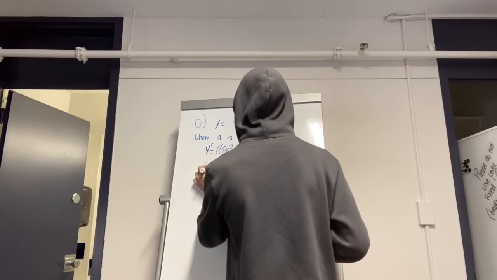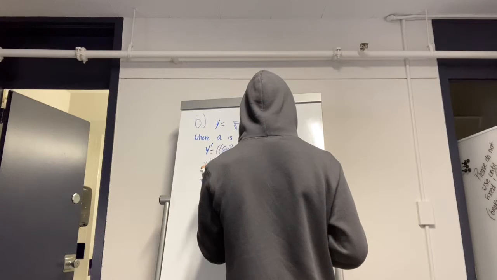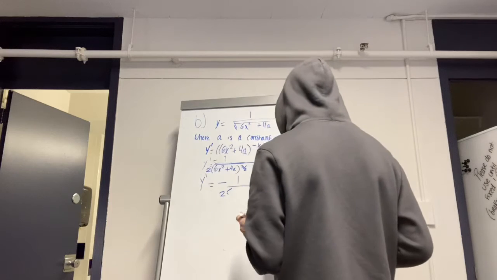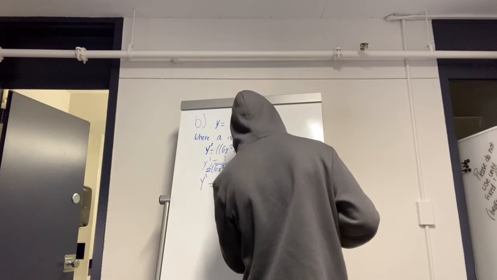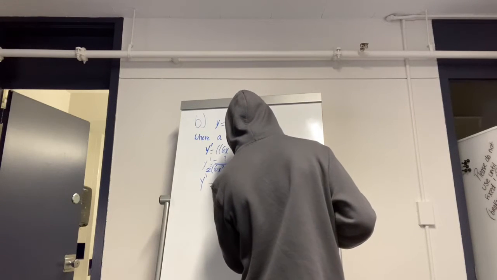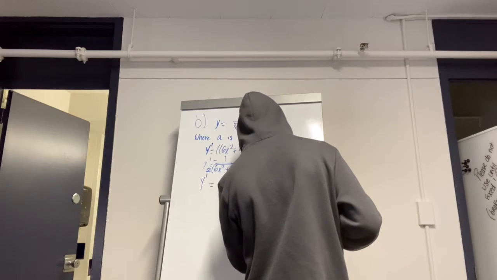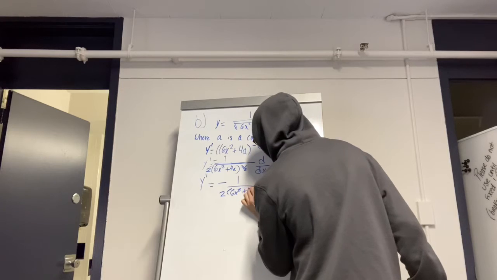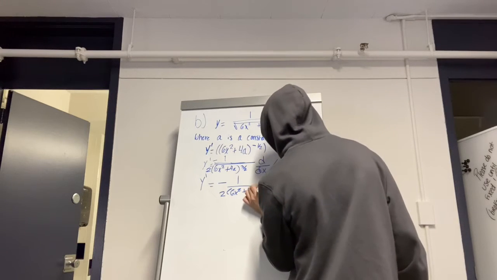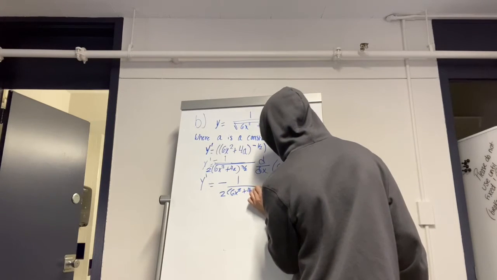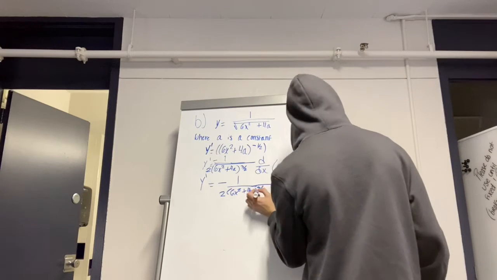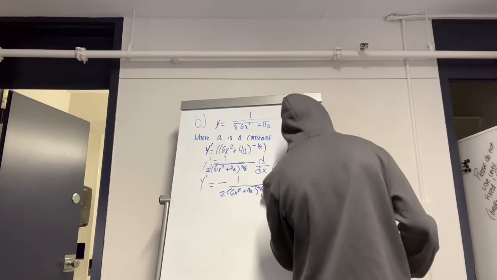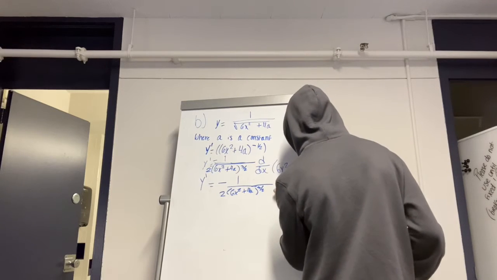Oh, I forgot, there's supposed to be 2 out front here. 2, 6x squared plus 4a to the 3 halves times 12x.